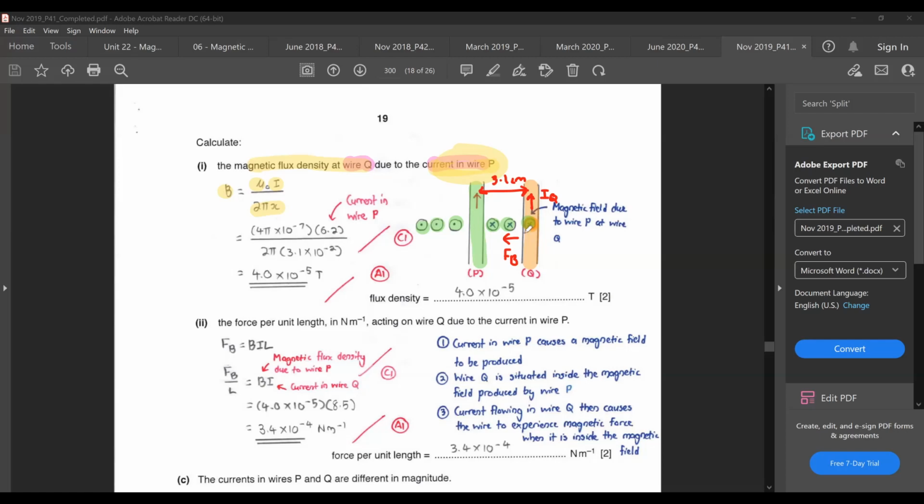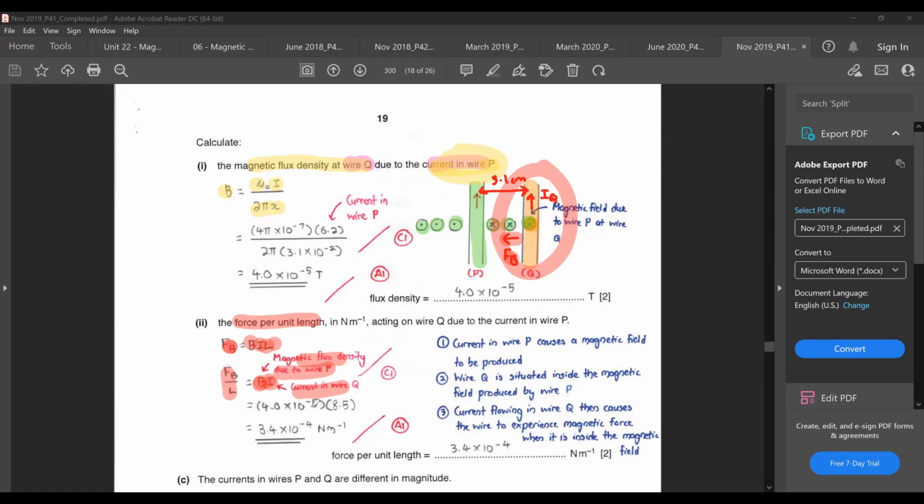So if I want to find out the magnitude of the magnetic force on wire Q, remember I mentioned you can use this F_B is BIL. Okay, so since they want force per unit length, you just shift the L to the left side. So it becomes F_B over L. Then you're left with BI. Okay, so your I here must be the current in wire Q. Your B here must be the flux density of wire P. Okay, so you get these values.